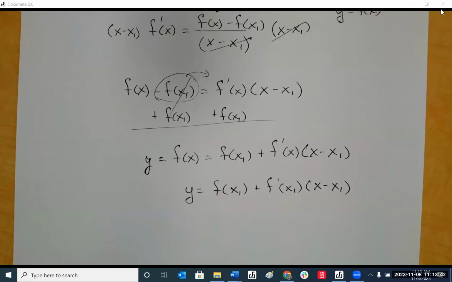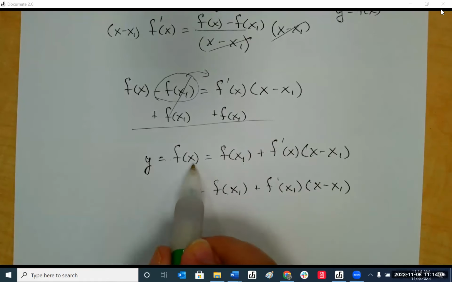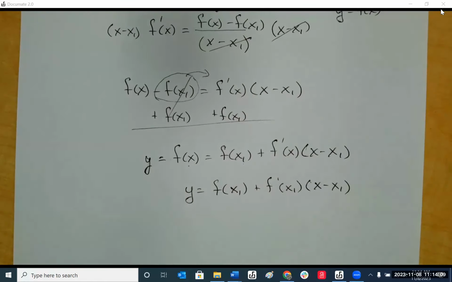As you can see with this, we have x1 that's in there. X1 is your initial guess. So in other words, if we plug in x1 here and work all this stuff out, what we'll get is the value of y, the next level.